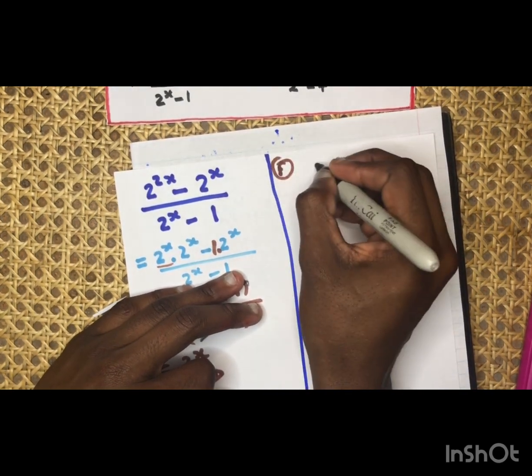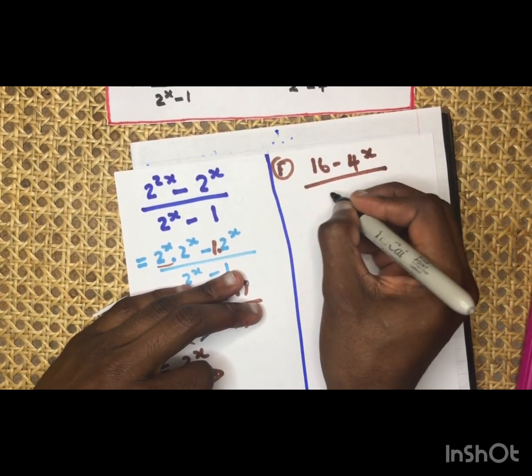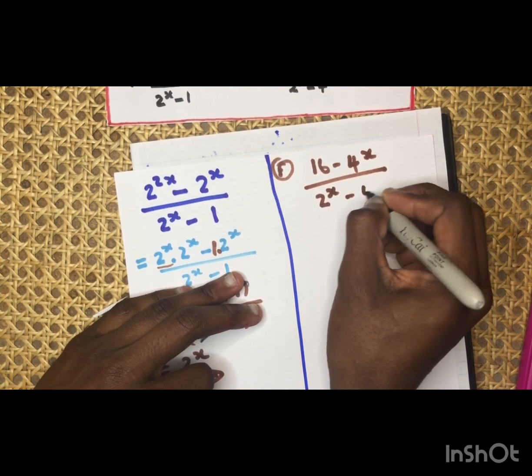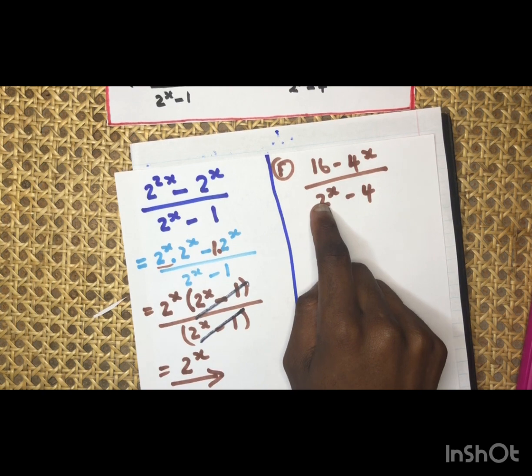So I'm going to write f here: 16 minus 4 to the power x over 2 to the power x minus 4. Alright, so I simplify this, guys. If I simplify this, I need to change the bases to be the prime factors. So in this case, I have to change 4 because 2 here is already a prime factor.